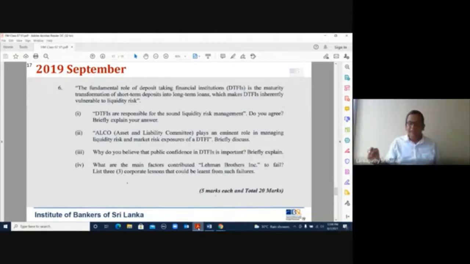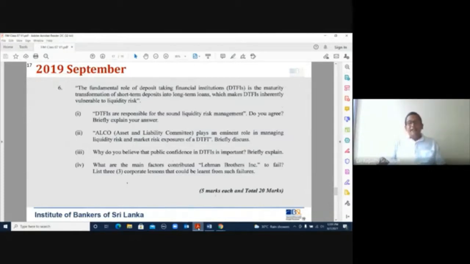A deposit run means most of the customers rush into the bank to withdraw their money simultaneously, which will affect the going concern of the banking business. So these are the things you have to mention. Public confidence is more important for a deposit-taking finance institution than for other businesses.